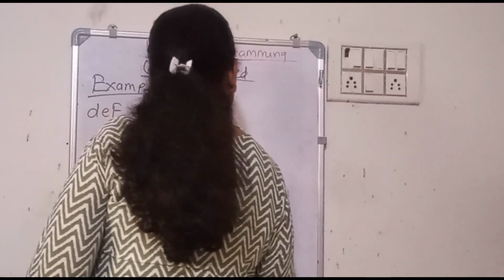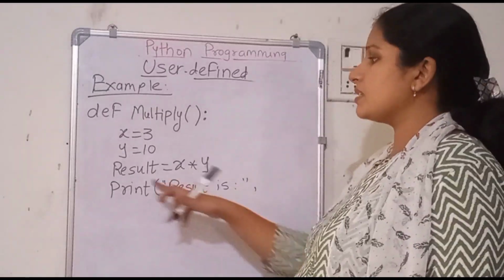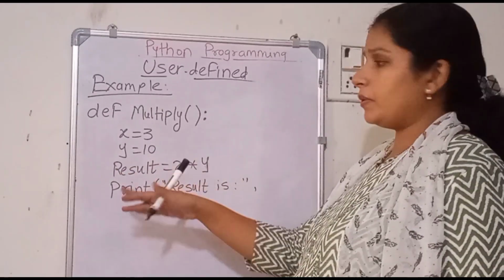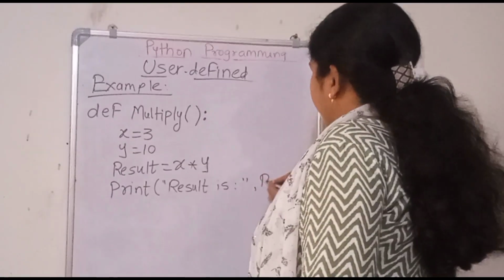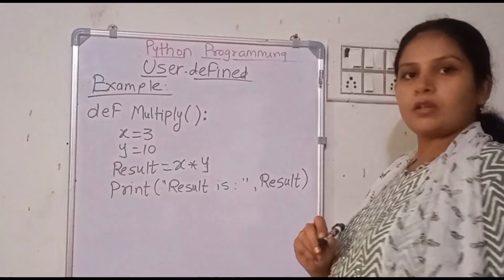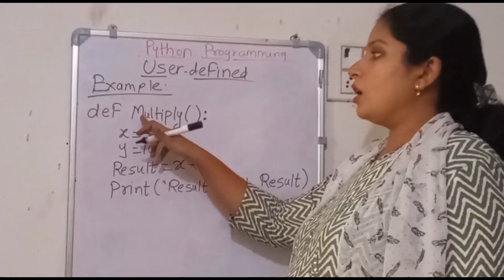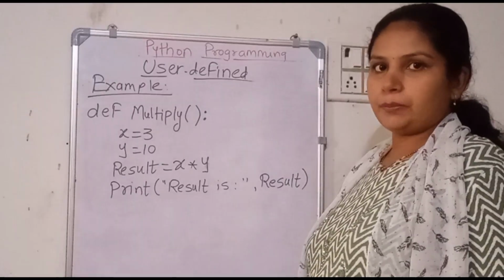Result is, the statement will be as it is, and then the variable name in which you are storing the result. Okay, so this is basically your definition for the function called multiply.